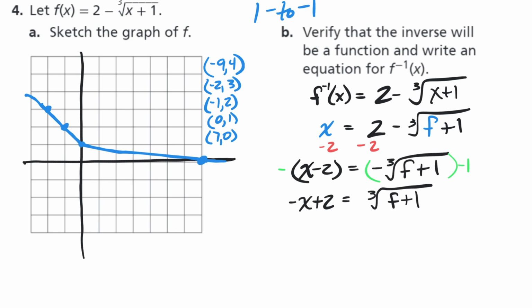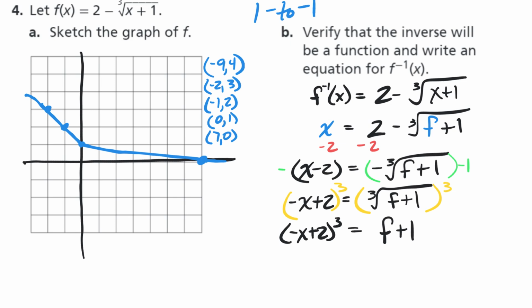The way we get rid of a cube root is to cube both sides. So I drop parentheses before I do anything, and I cube this side. The cube kills the cube root, so what I have is f plus 1 equals (-x plus 2) cubed. There's no reason to try to FOIL that or distribute that out.